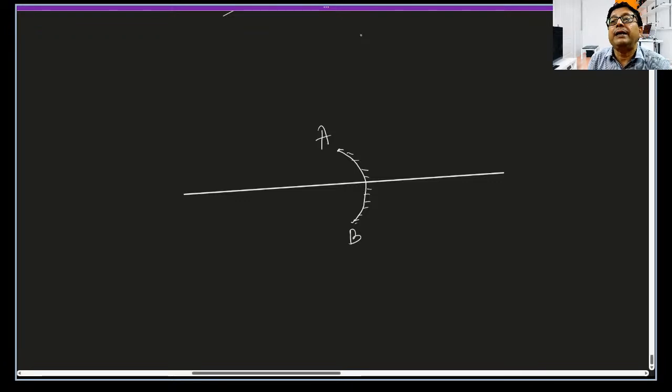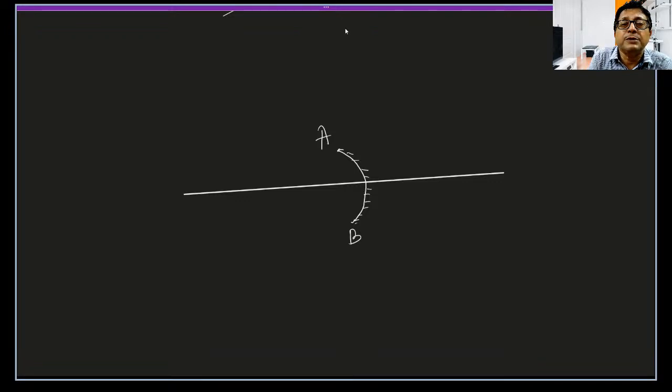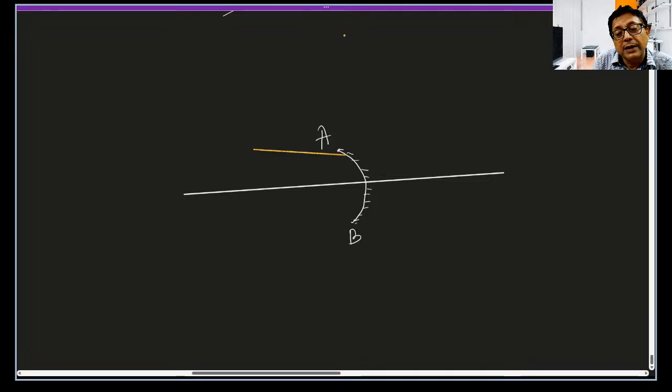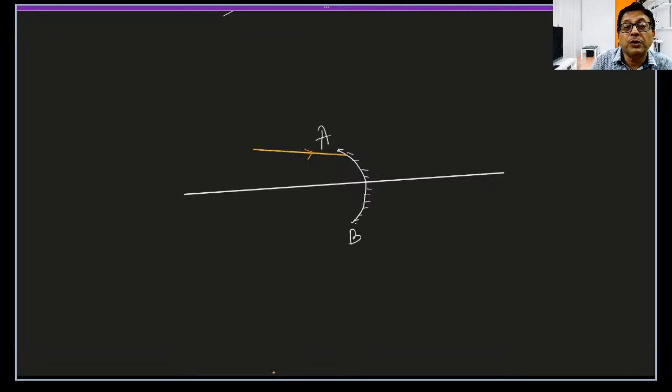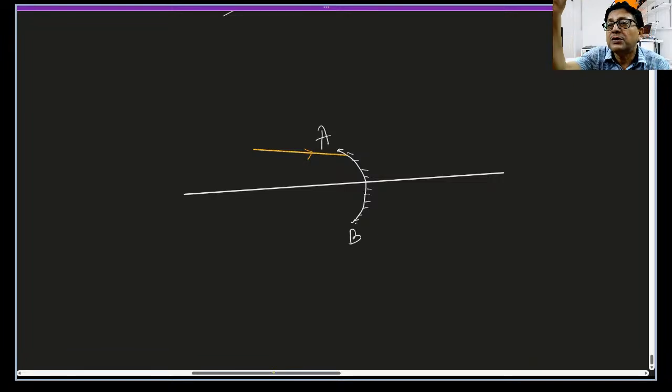If I send a ray in any direction, I have no specified direction, sending a ray in this manner, then it will follow the angle of incidence equal to angle of reflection. But how will you draw the normal here? A very common sense: a part of a sphere. If we draw a normal at a point, then it has to go through the center of curvature of the sphere of which it forms a part.